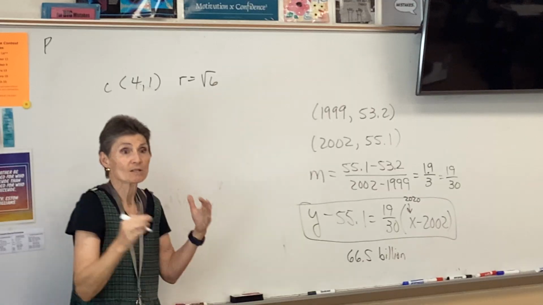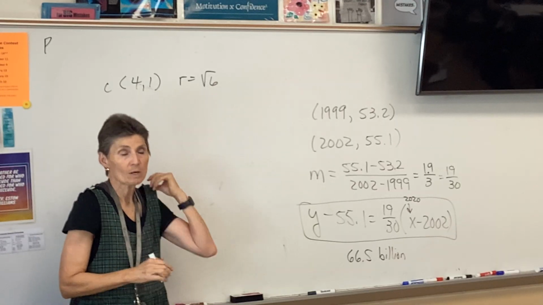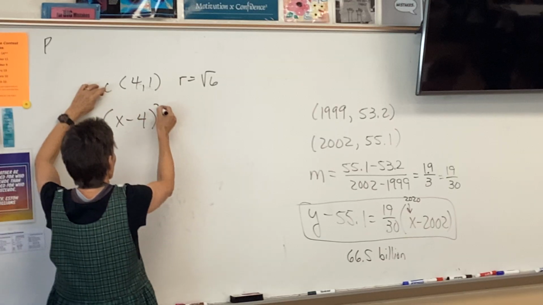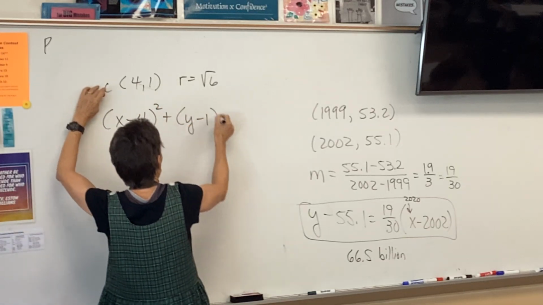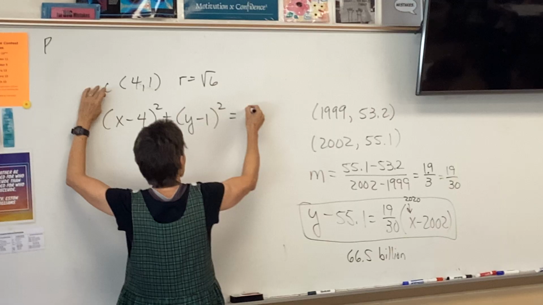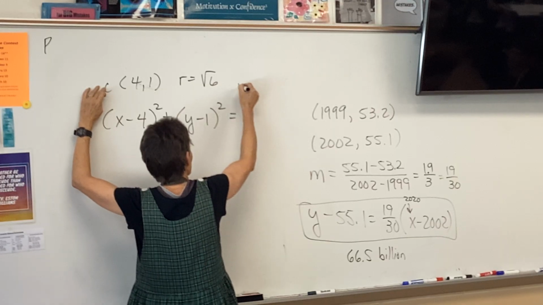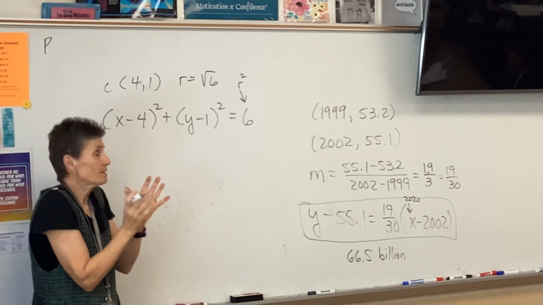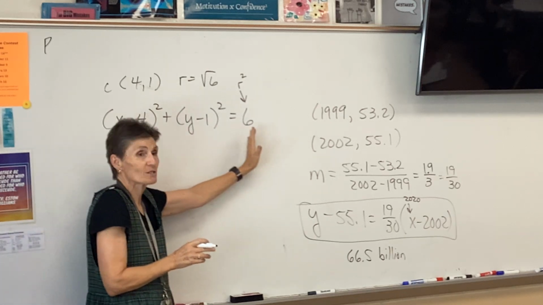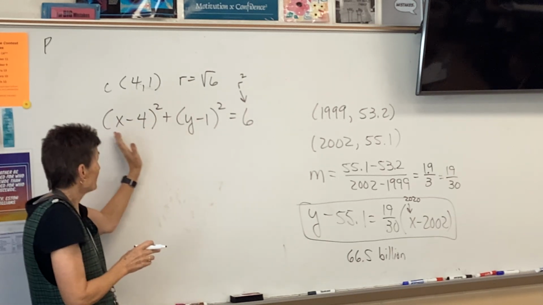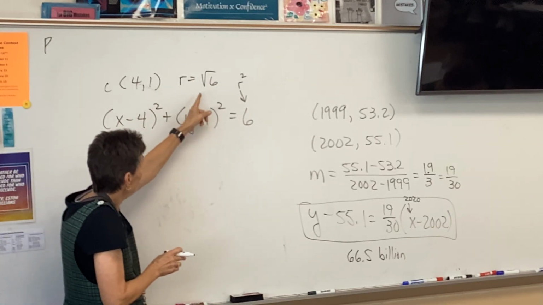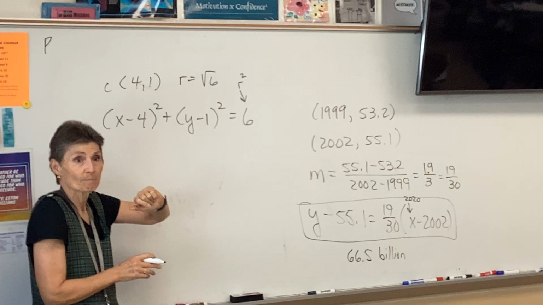Well, that is the best case scenario because I have what I need. So x minus 4 squared, y minus 1 squared equals 6. This number is r squared. So Erica, it's important that we know what the equation of a circle looks like. This is what it looks like. Center is at 4,1, radius √6.